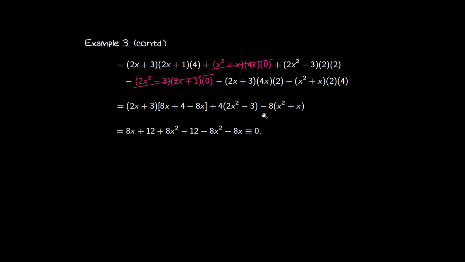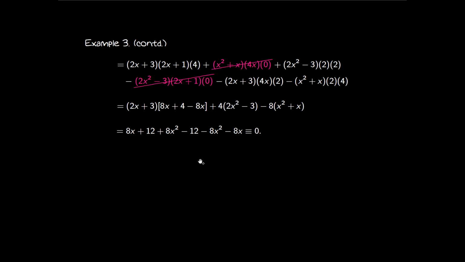And the last one gives you minus 8x squared minus 8x. Now you can see the x squared terms cancel out, the x terms cancel out, and the constants cancel out. So this is going to be equal to 0 no matter what x is.